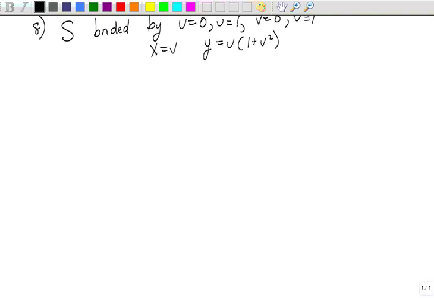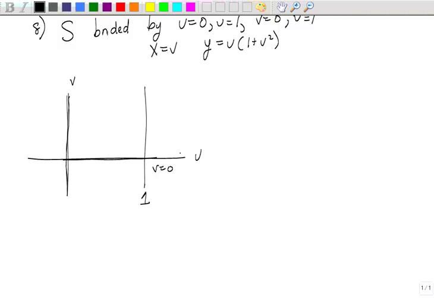Okay, so if we draw this, u equals 0 is here, u equals 1, v equals 0 is here, and v equals 1 is right here. So it's a square. That's S.